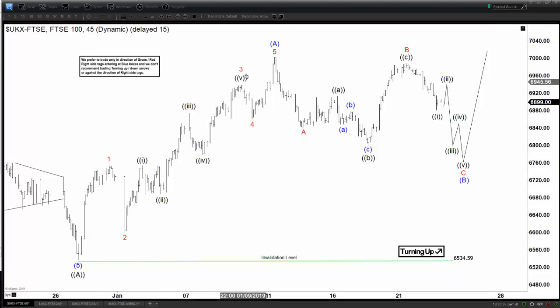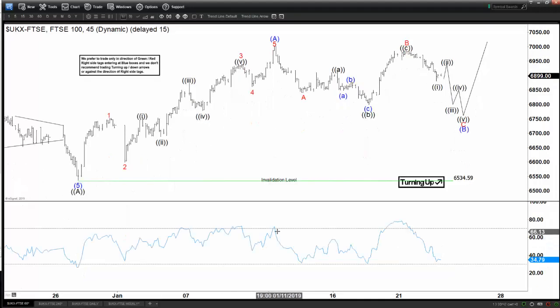Subdivision wise is extended 3 with another 5 waves within the wave 3 in the red here, and also you can see momentum divergence here on wave 5, which is typical in a 5 waves move.